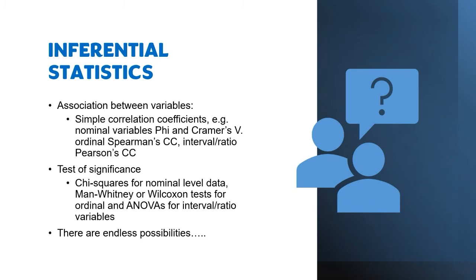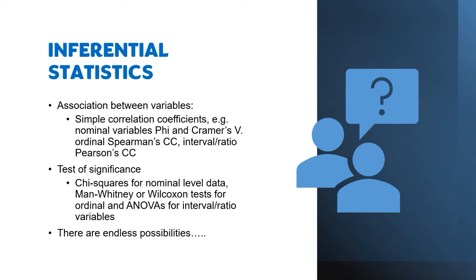That's where we now start looking for linkages or interrelationships between variables, where we look at simple correlations. For our nominal variables, we can use phi and Cramer's V, or we can use for ordinal the Spearman, and so on.